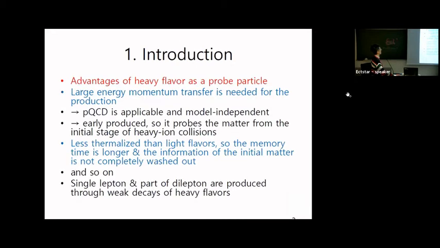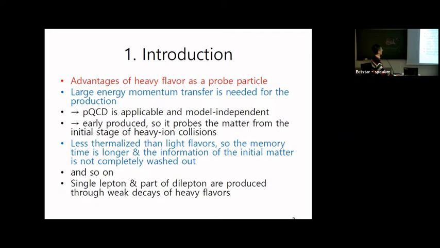Short introduction. Heavy flavor has a couple of advantages as a probe particle. Firstly, large energy momentum transfer is needed for the production, so pQCD is applicable and model independent.